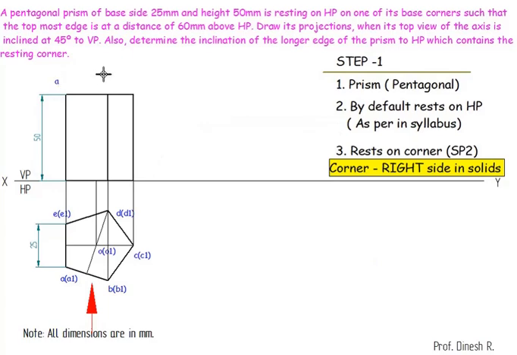So here A dash is seen, but E dash is not seen. Here B is seen, but D dash is not seen. Here C dash is seen.